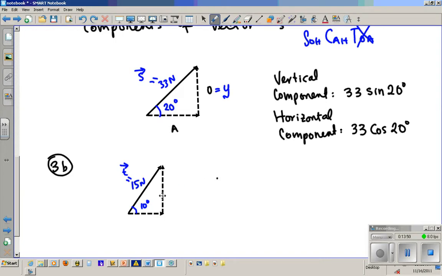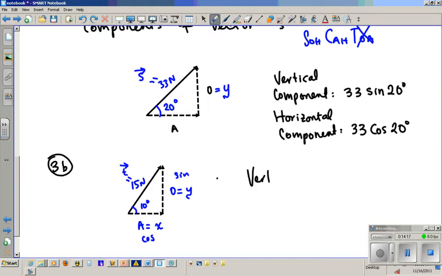We simply know that this is the opposite, which is the y part, and this is the adjacent, which is the x part, right? Remember, opposite or y part is always sine, and the x part is cosine. So what is your vertical component going to be?